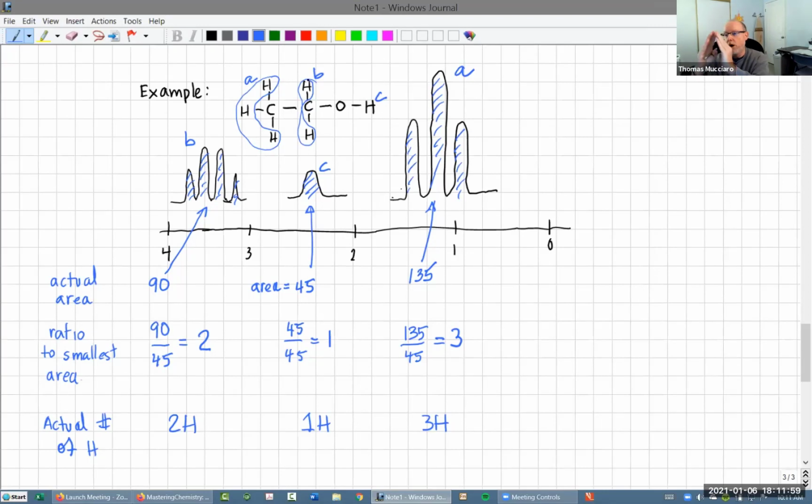So instead of being one peak, they split into multiple peaks. But they're all part of the same signal, just a signal that's chopped up into smaller chunks, okay? That's why I use the term signal, right? So this whole thing is a signal for hydrogen B, and then these are actual peaks.